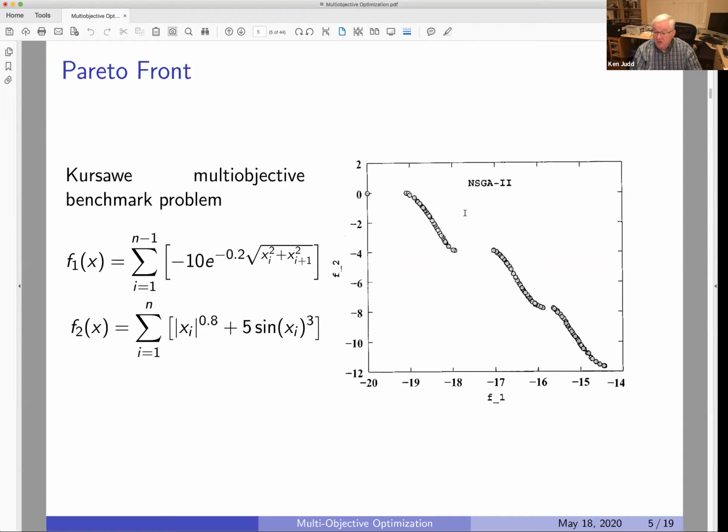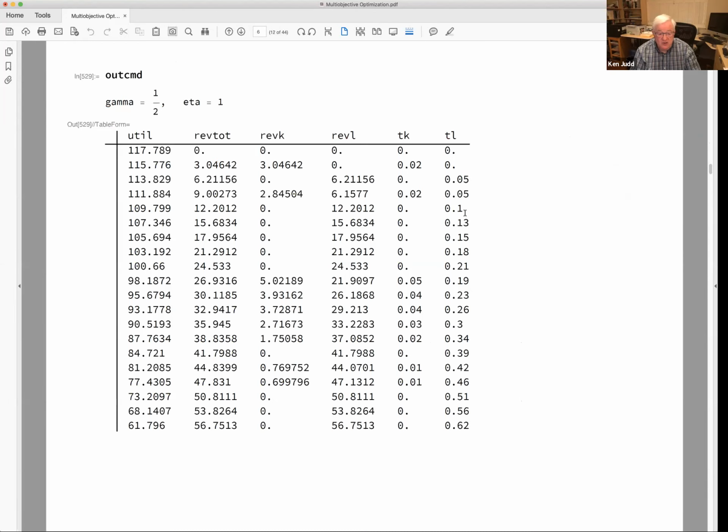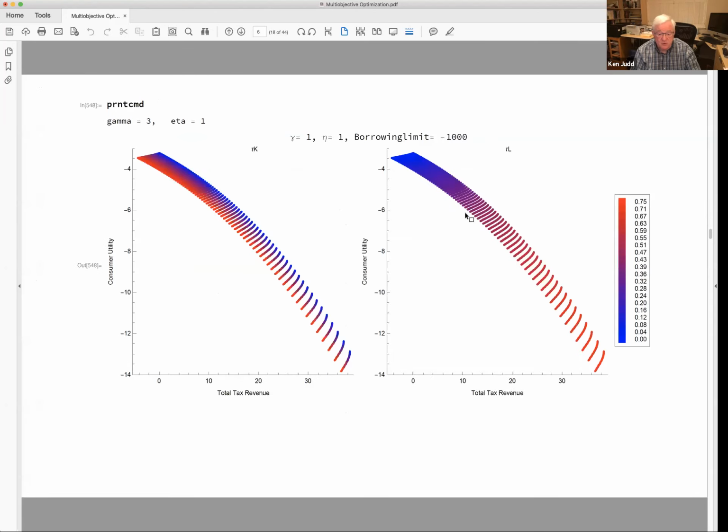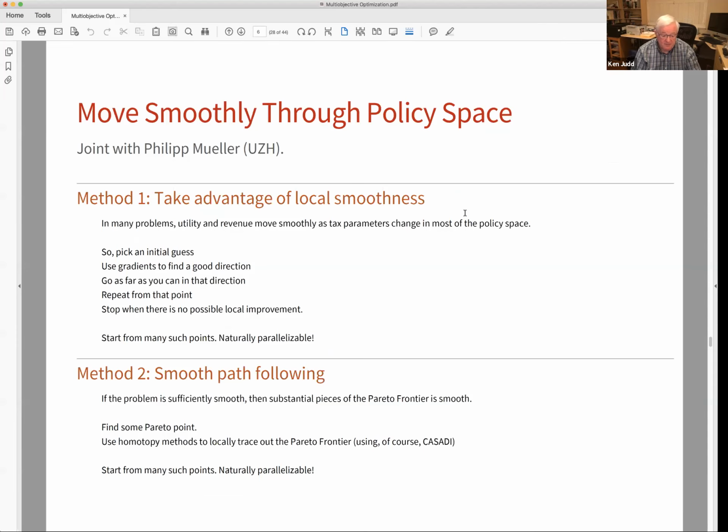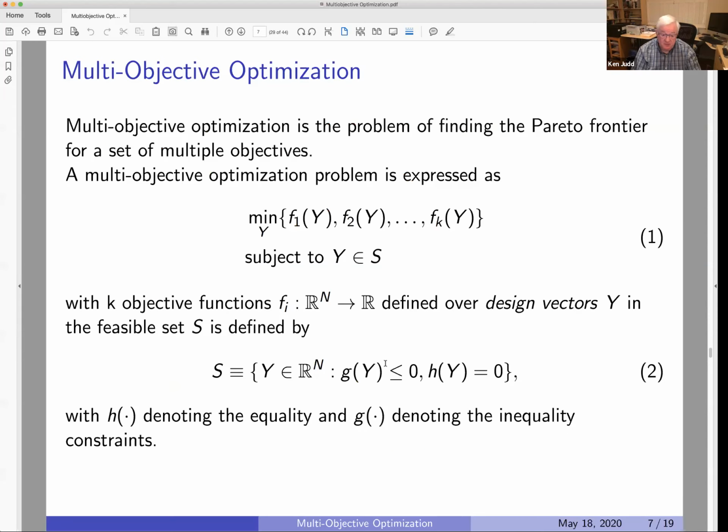And again, that's all very parallelizable. And so you can get the smooth pieces of the Pareto frontier, if not all of them.